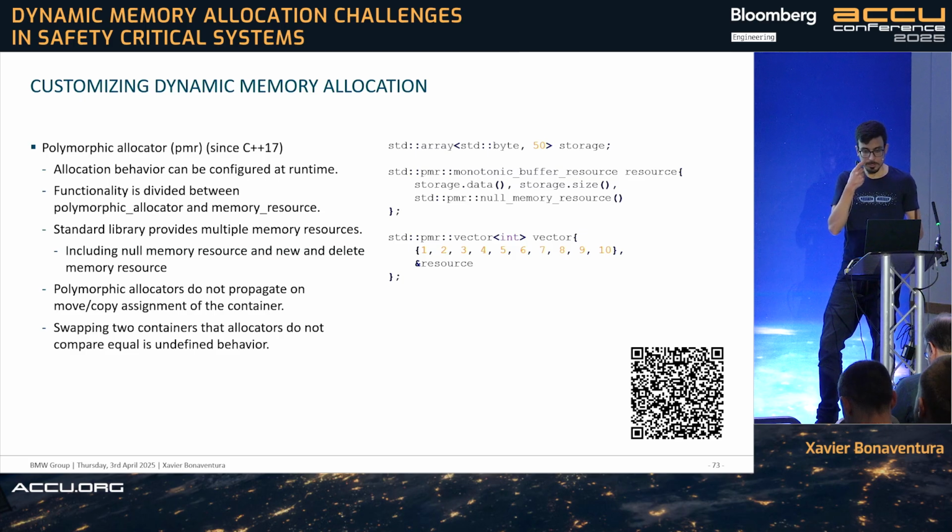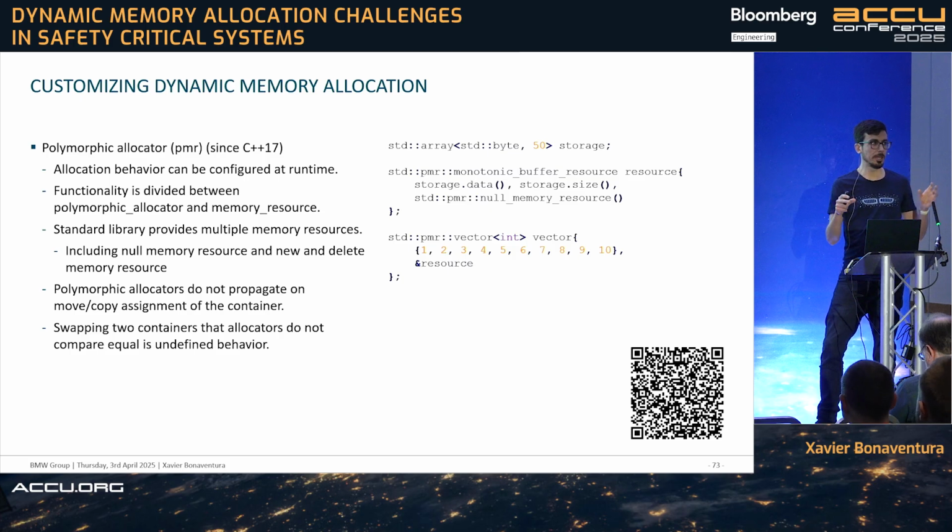The part that is not so nice about these is that if you grab two containers and you do a swap, in case the allocators do not compare equal. What does it mean conceptually or semantically that the allocator compares equal? Comparing equal means if I allocate with this allocator, I could deallocate with the other allocator. If they do not compare equal, you are not allowed to deallocate with another allocator.